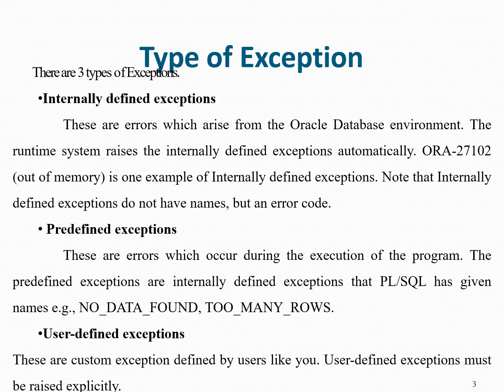They can be identified only through a numeric code or error code, while named exceptions have predefined names given by the PL/SQL server, such as no data found, too many rows, etc. This is used for a specific purpose only, and user-defined exceptions are defined by the user according to his or her requirement. So we need to raise them explicitly in our code.